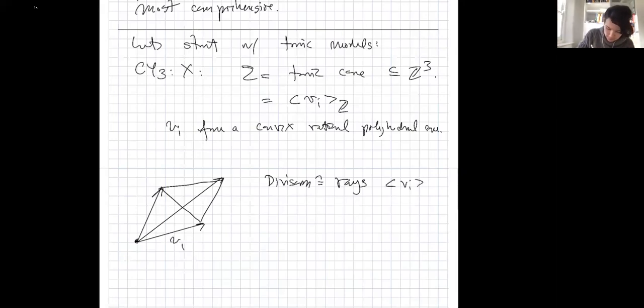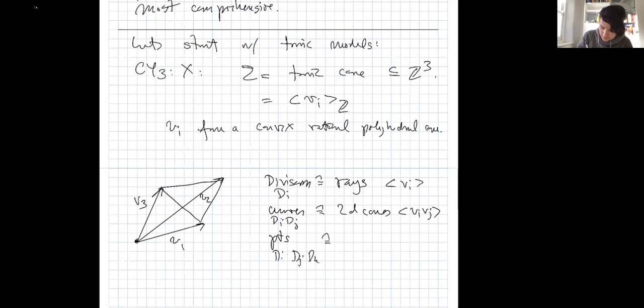So this is v1, v2, v3. The curves correspond to two-dimensional cones, generated by v_i, v_j. So the curves we should really think of as d_i · d_j, and this is d_i. The points, which are just d_i · d_j · d_k, are the 3D subcones.